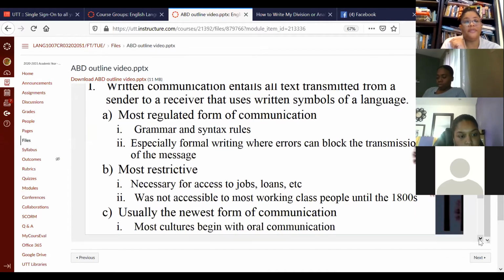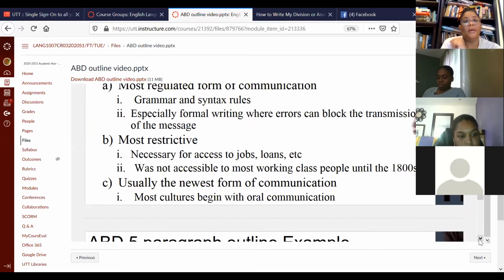Most restrictive, if you are quote unquote illiterate, if you cannot read or write, you are restricted in society. It is also the most restrictive way of communicating, because the receiver and the sender have to have a certain set of skills, right? In most cultures, it's the newest form of communication.